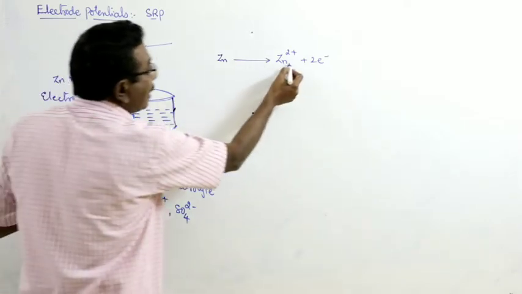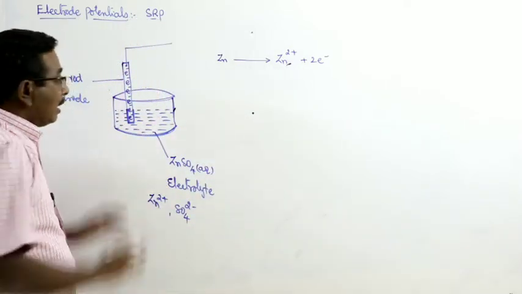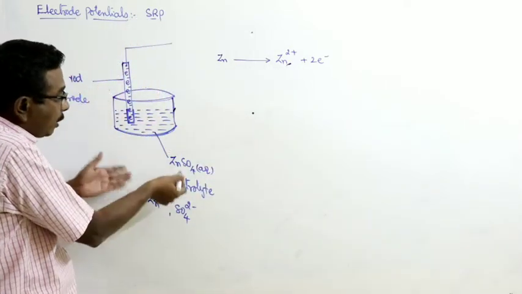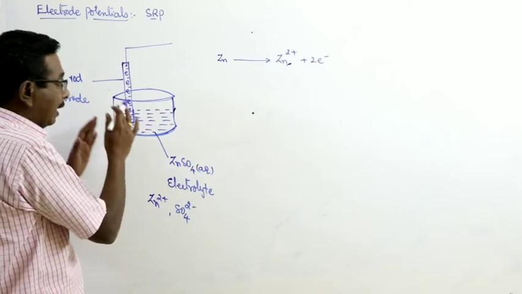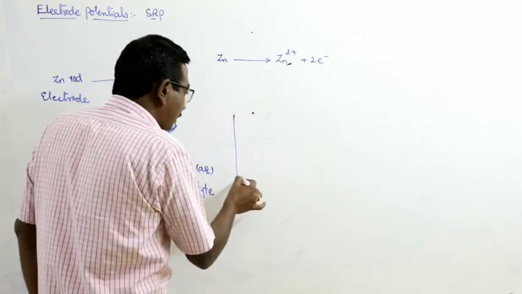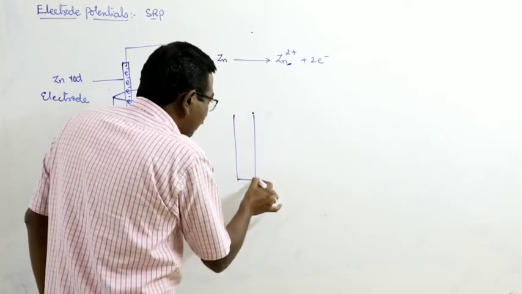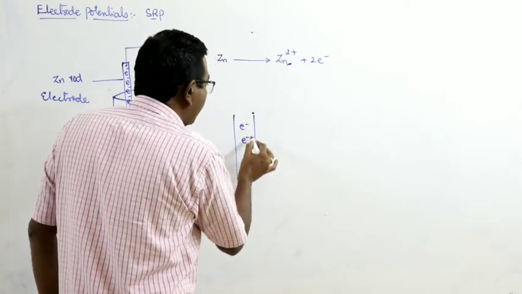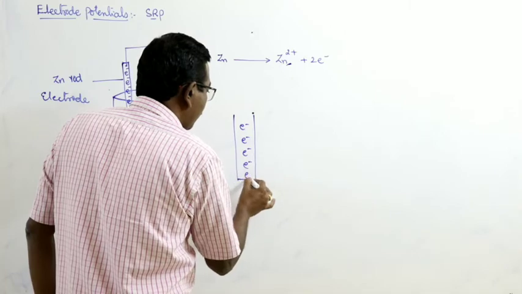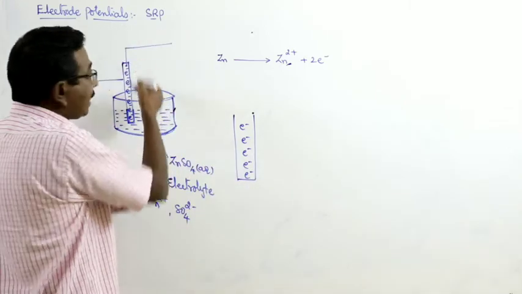At the same time, the Zn2+ ions are produced, so the zinc ions are released into the electrolyte. Then the condition is like this in the electrolyte. This is the zinc rod with the electrons. Here the electrode is negatively charged.